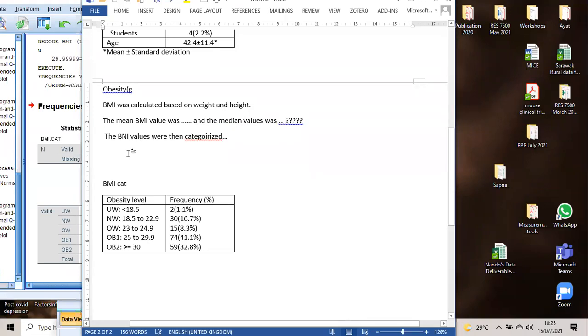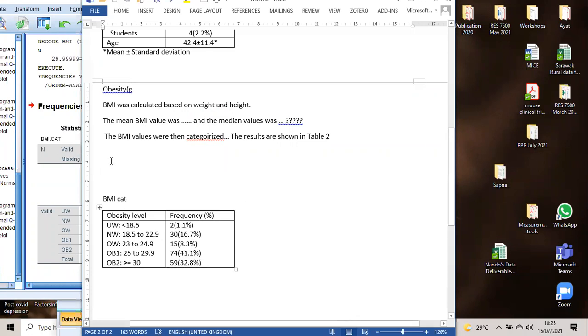Next, the BMI values were then categorized into whatever categories, with the results shown in table 2. So based on table 2, what do you see?